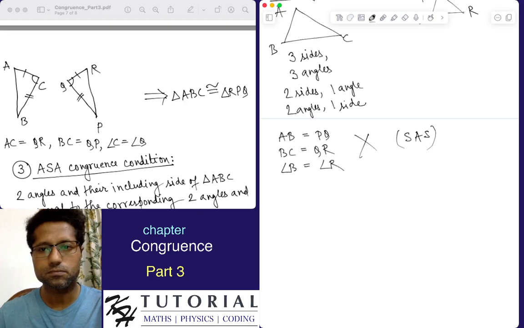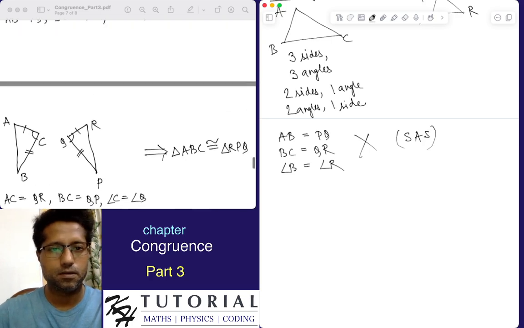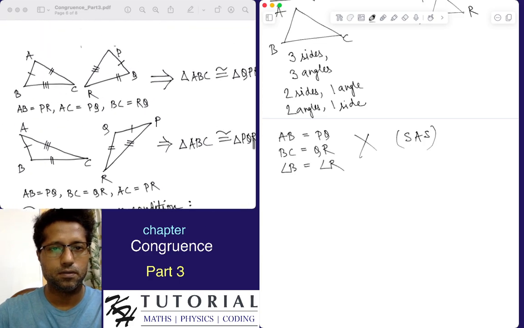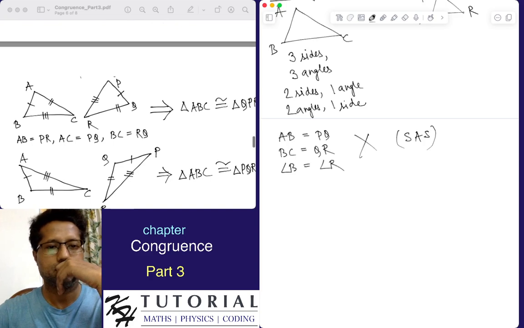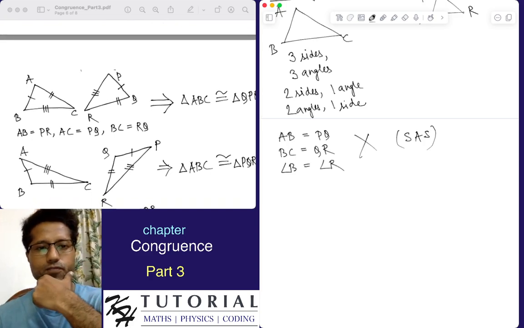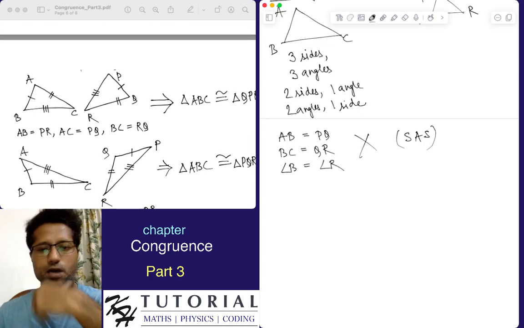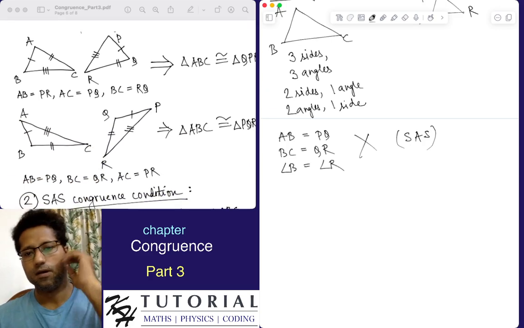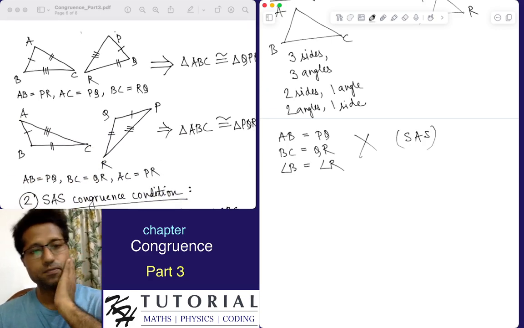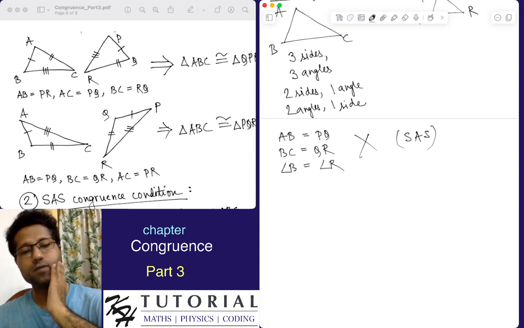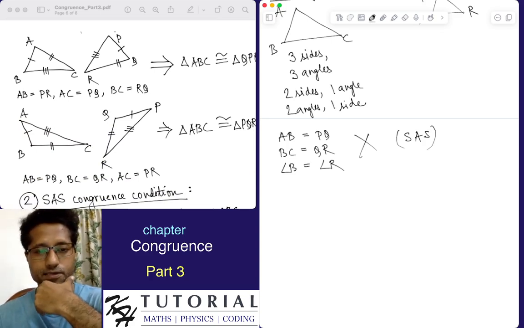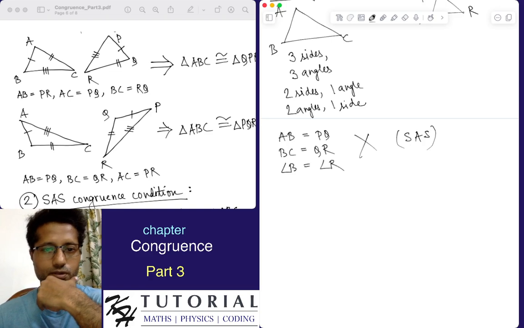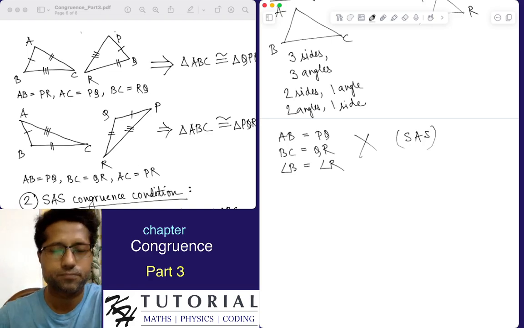Now you might be asking one question: let's say for the SSS case, from the SAS or SSS conditions, how do we know the congruence relation or the congruence name?